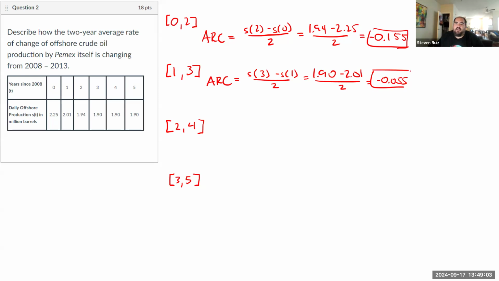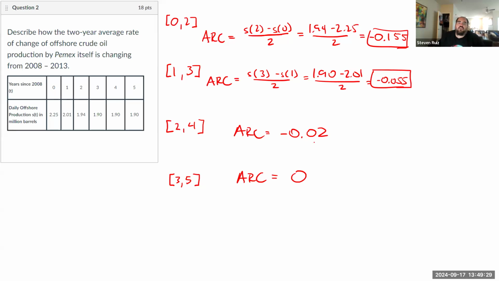These calculations are all done the same way. What you're changing from calculation to calculation is what your intervals are, like what the endpoints of the interval you're looking at are. So our next rate of change comes out to be negative 0.02. And finally, this comes out to be 0.